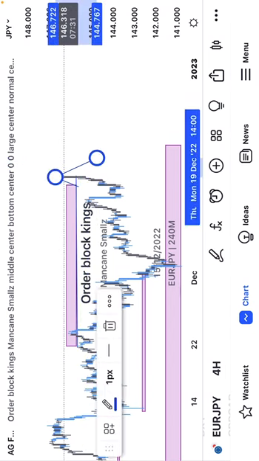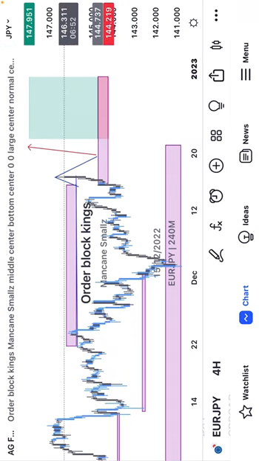Okay, we have two scenarios on this trade of EURJPY, since they just took out the QML level, and you will see them creating a new higher high. A new higher high might happen on this trade.